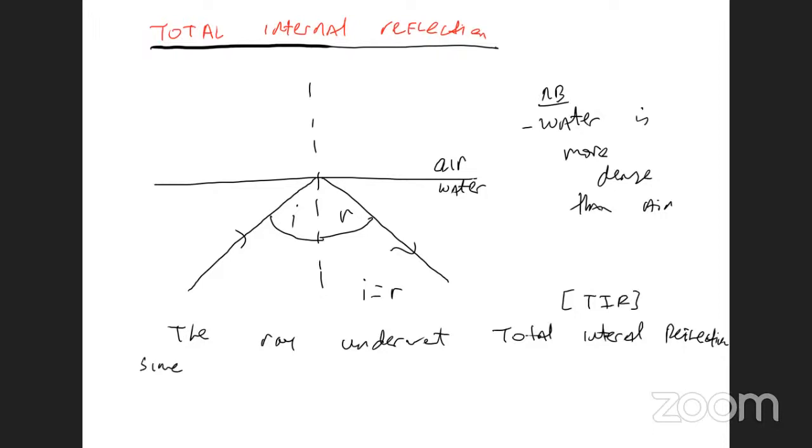Number one, you see that angle for i? That angle for i was more than the critical angle. And the second thing is that the ray was in the denser medium.